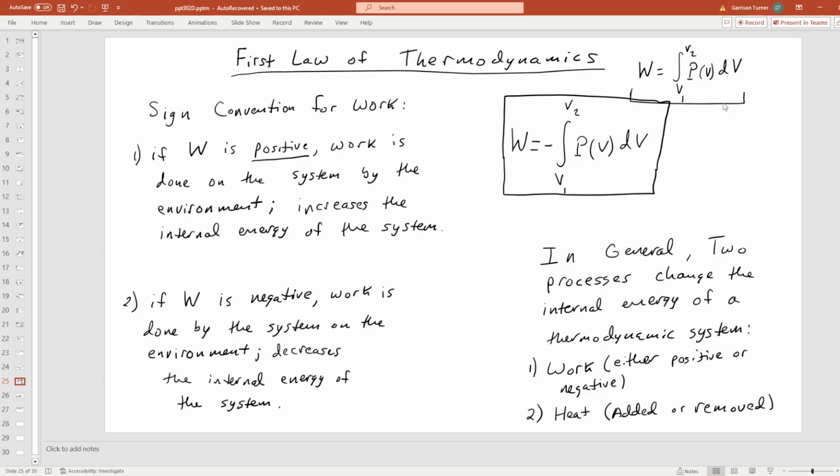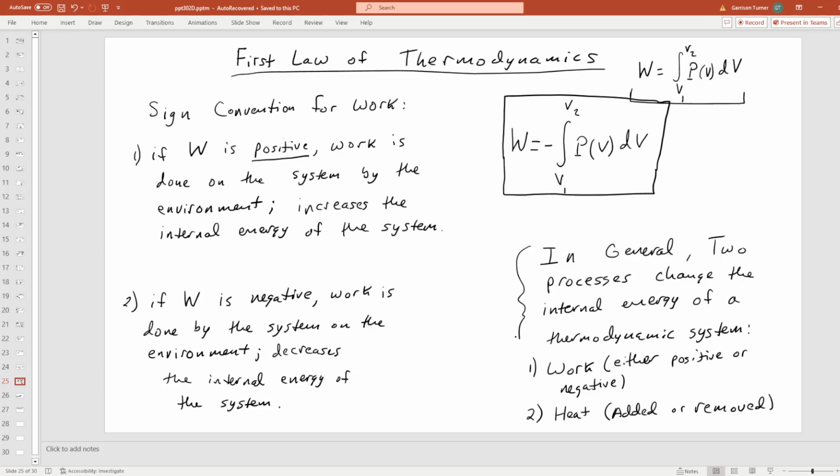That being said, the general idea behind the first law of thermodynamics is that in general, there are two processes that will change the internal energy of a thermodynamic system. Number one, we've already discussed, which is work, and the other is heat, whether that heat is added or removed. Usually that is done via some sort of thermal bath, some sort of thermal reservoir.